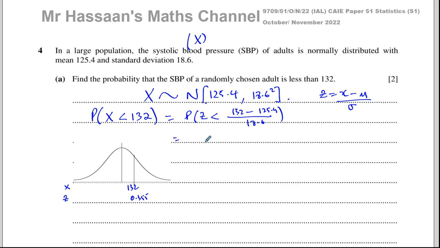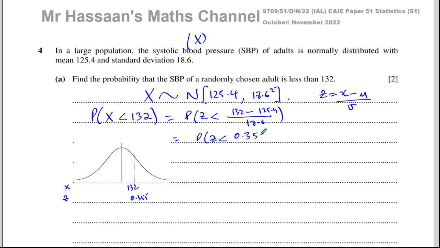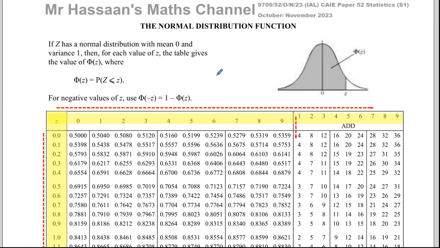That's the same as saying the probability of Z is less than 0.355, to 3 decimal places. That is what we're looking for now in our table of values. So we go to the normal distribution table and look for the value of Z of 0.355.